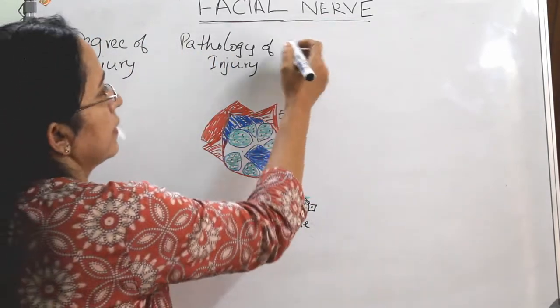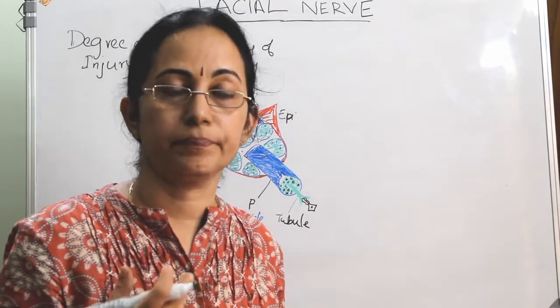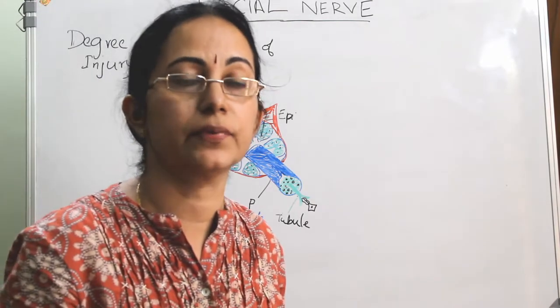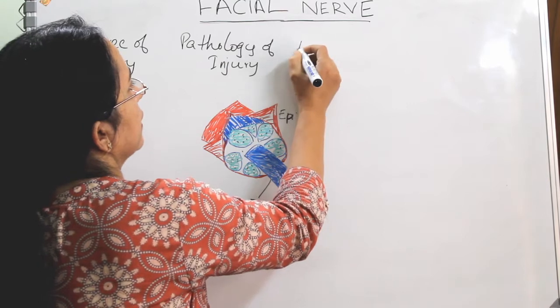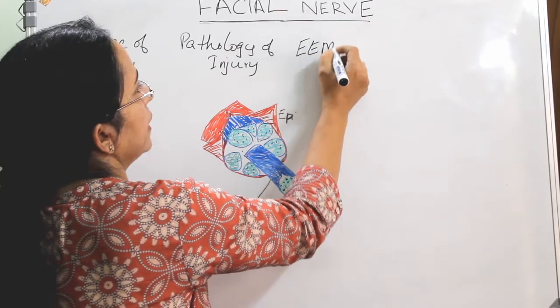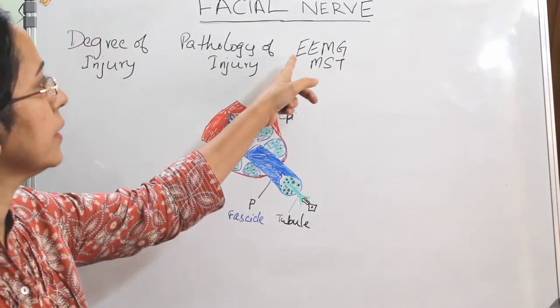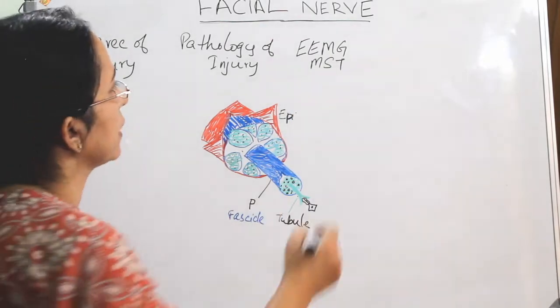And there are electrophysiological tests used for facial nerve injuries that we can discuss after this. Mainly there are 2 types: evoked electromyography (EEMG) and maximum stimulation test.